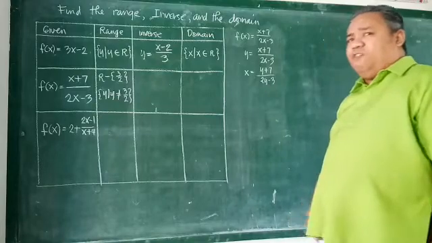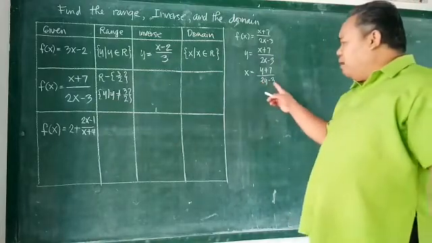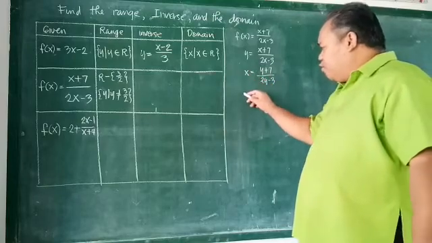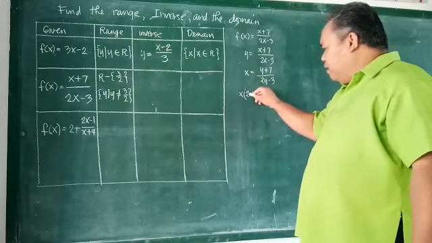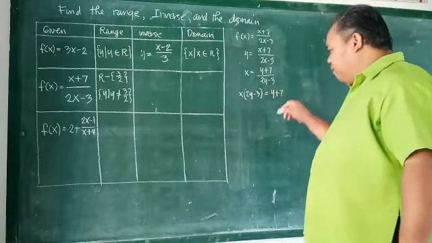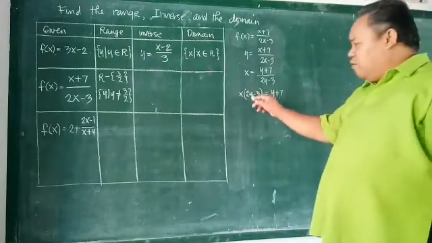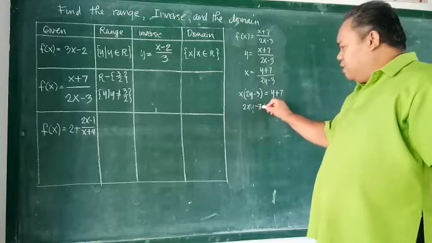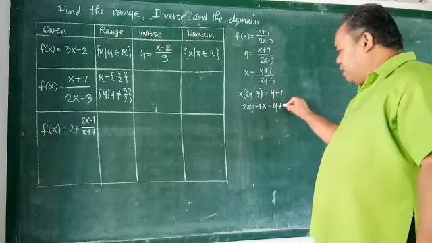Then let us solve for x in terms of y. We multiply both sides by 2y minus 3, so ilipat na natin yun doon. This becomes x times 2y minus 3 equals y plus 7. Then distribute natin yung x, so it's 2xy minus 3x equals y plus 7.